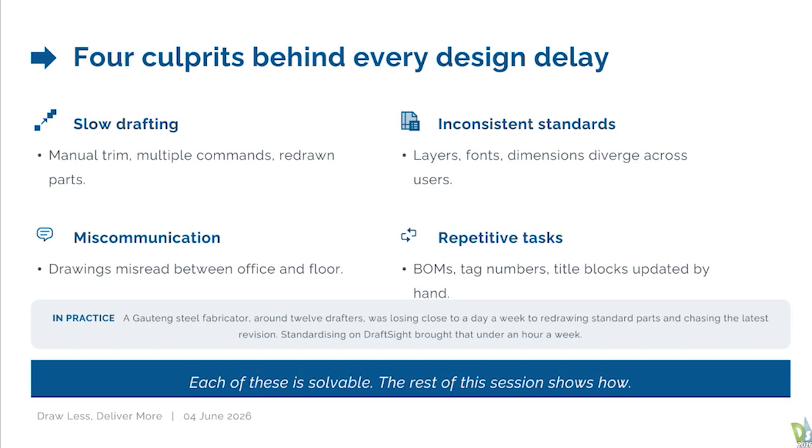There's too much repetitiveness between users. As I mentioned, all four culprits existed inside the design department, and that cost them projects and time on delivering as well. So introducing standardization to a design team can save you hours from delays.